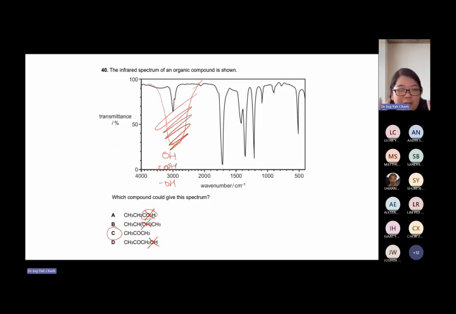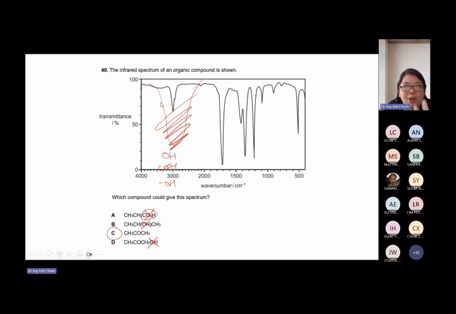If there is an OH bond, then our answer must be A, B, or D. Only then do you start checking C double bond O. I start with OH; if there is OH, you have to check C double bond O. If again there is a C double bond O, then you can start checking your answer. You rule out the impossible ones. C double bond O and OH means COOH. But of course, you have to check the range for the data also.